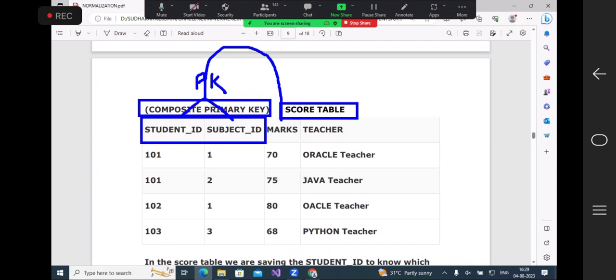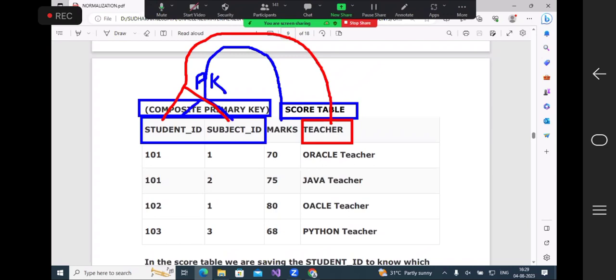But coming to the second one, what is the second one? Teacher. Does teacher depend on student or subject? Subject. So teacher never depends on student; teacher always depends on subject.